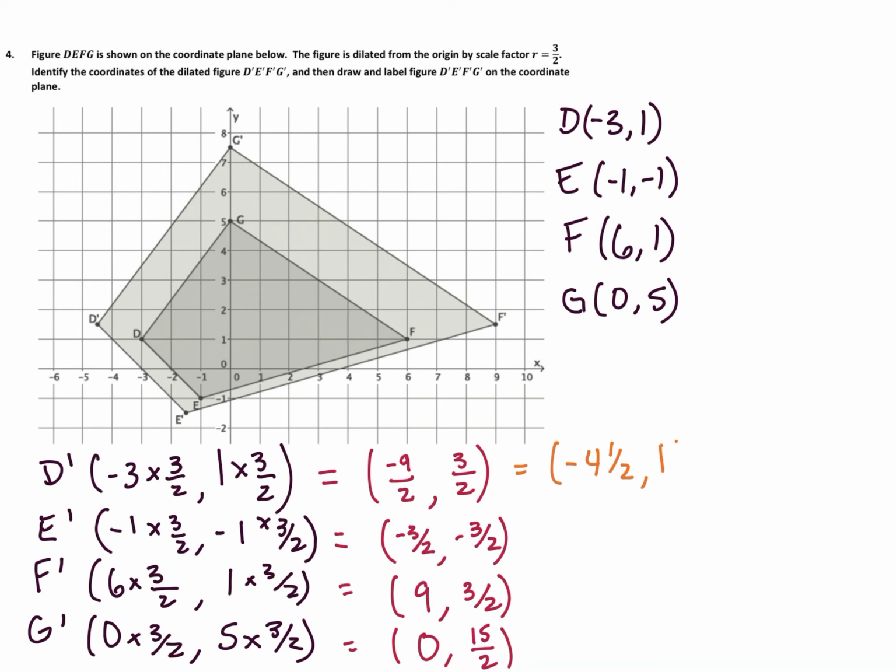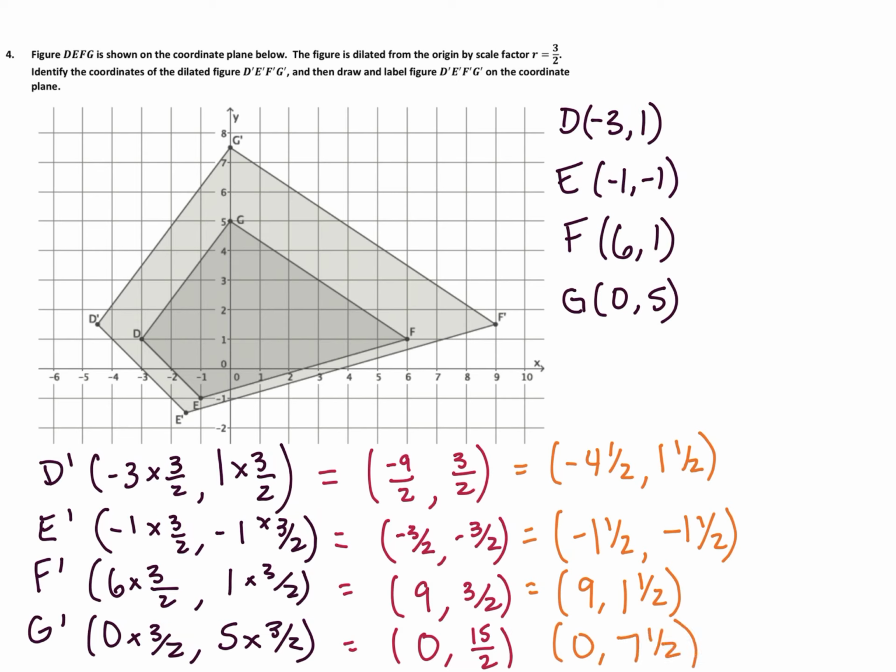And 3/2 is positive 1.5. 15/2 is the same as 7.5. So when we put those points on it, it's easier to figure out which two whole numbers it's between when we have them written as mixed numbers.